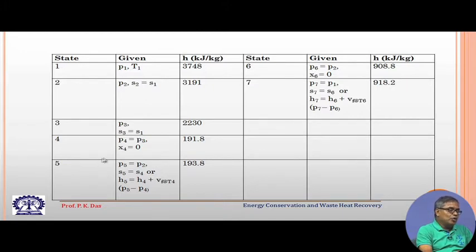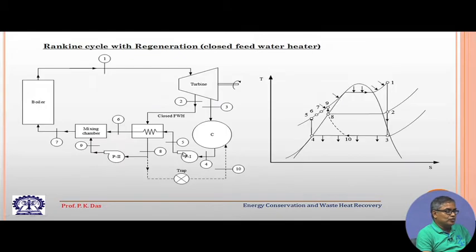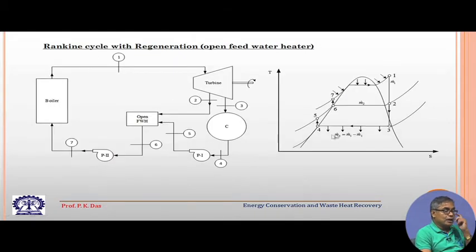And then we move to point number 4. What is point number 4? Let us go back once to the cycle diagram. The conditions were given here, so we could calculate the enthalpy. This entropy and this entropy are the same, and the pressure is known, so we can calculate the enthalpy over here also.